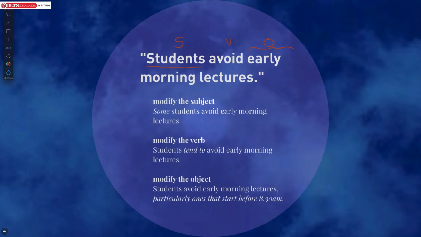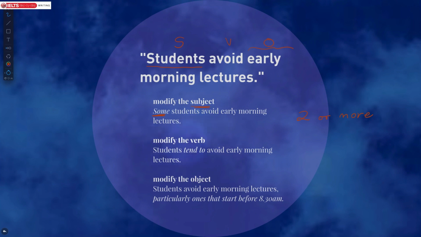Subject, verb, object. Okay, so I can modify the subject by saying some. Some students avoid early morning lectures. Now I can get away with that because some could mean two or more. So even if there are 100 students, 98% of them come on time to the lecture, but only two don't, then I'm still allowed to say that because some means two or more.